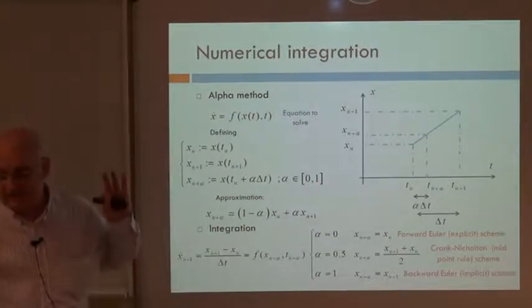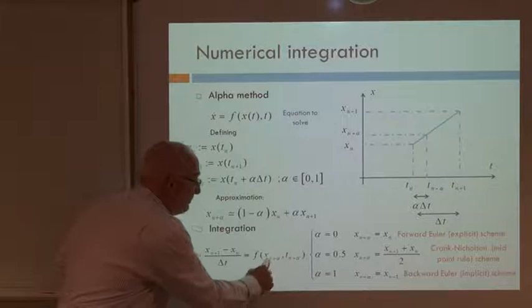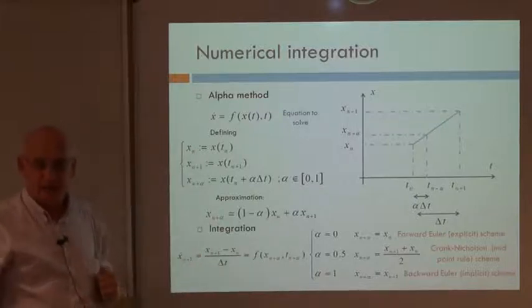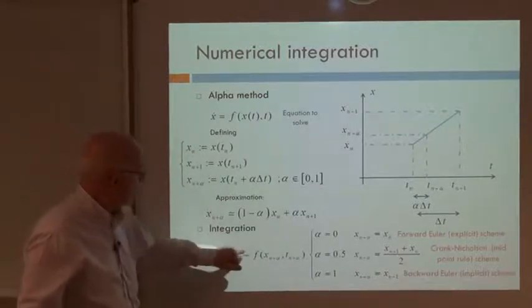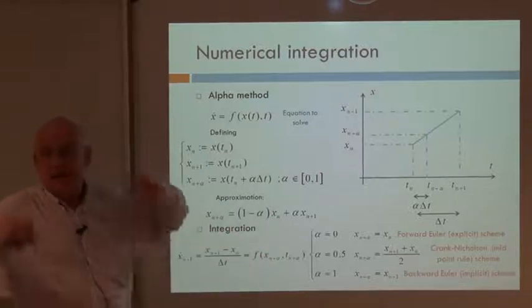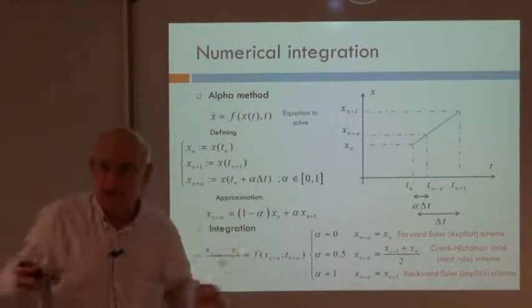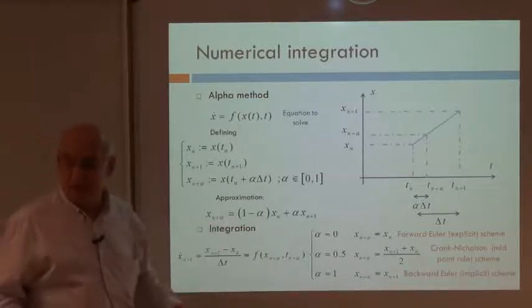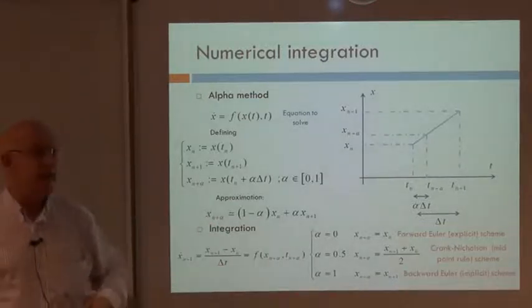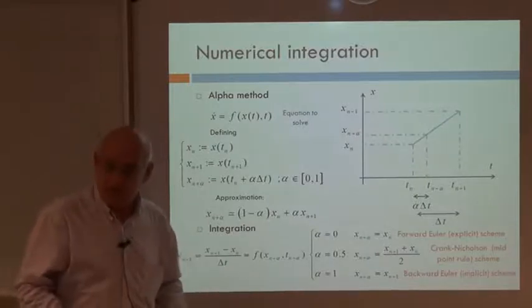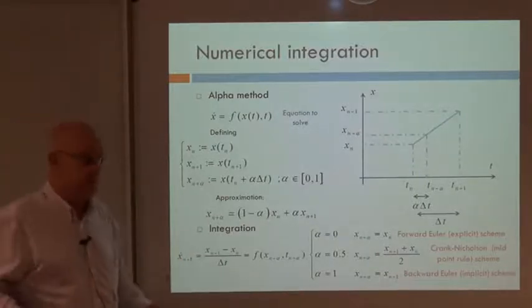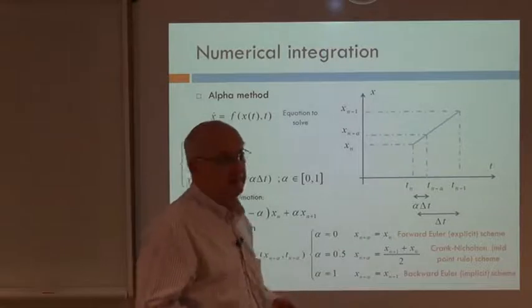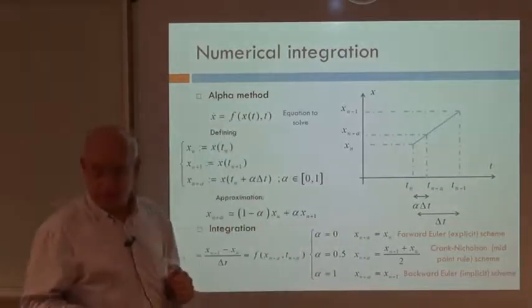That is not trivial, because now I don't know this xn plus 1. I have xn plus 1 here, I have xn plus 1 here, so I can have a nonlinear or linear equation. I have to solve this equation and find xn plus 1. It's computationally costly, more difficult, but we will see that it's more accurate.